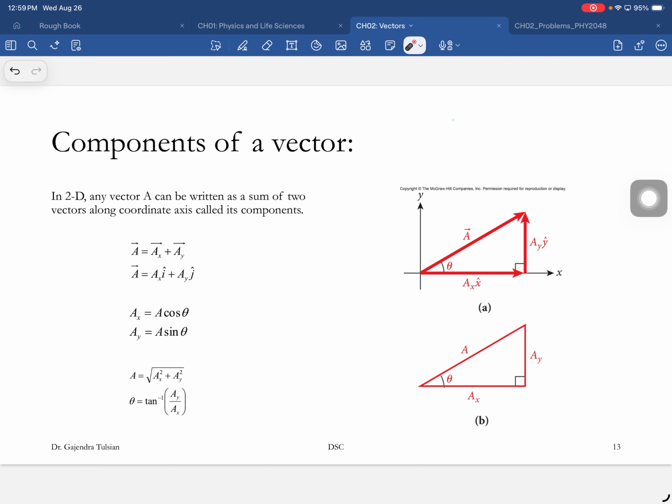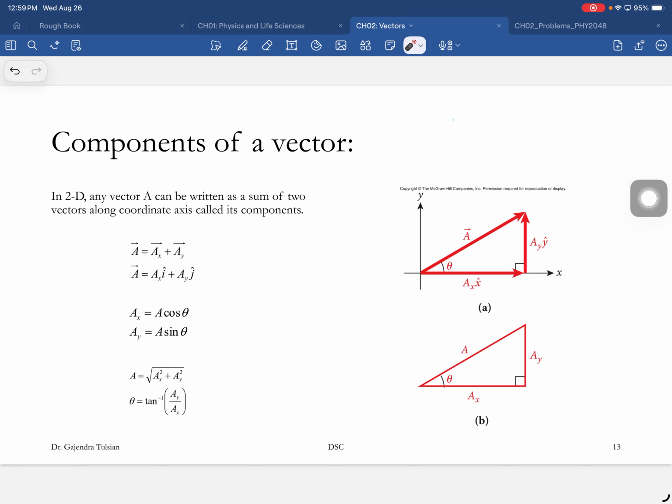All right, so vector A is written as the sum of these 2 vectors. This is the vector along the x-axis, the vector along the y-axis. This is known as the x component. There is the y component. Now, in 2 dimensions, how many numbers do you need to specify the vector? 2 numbers.